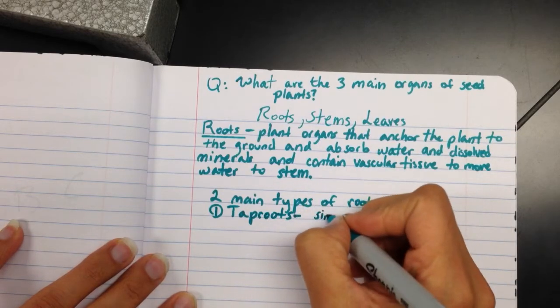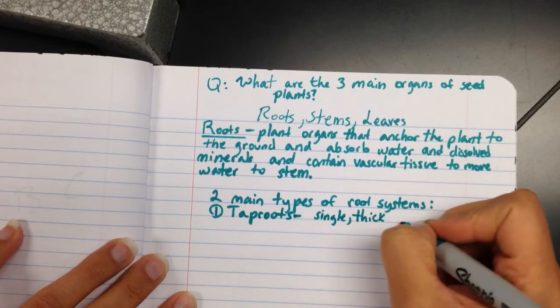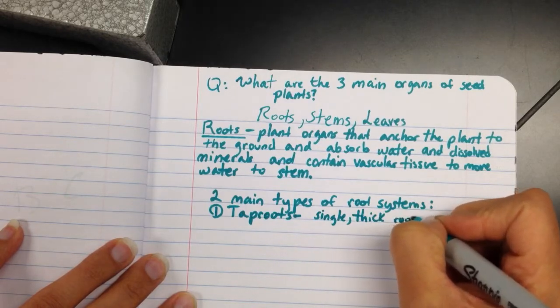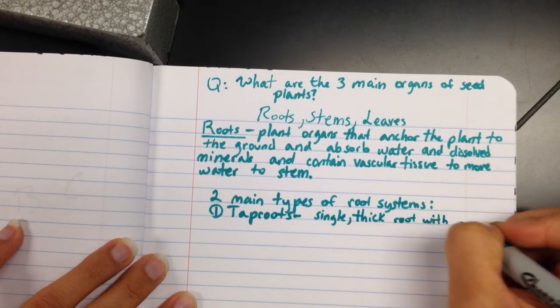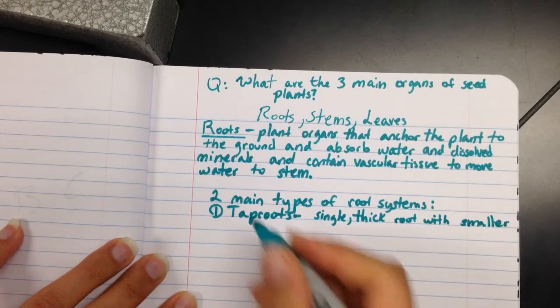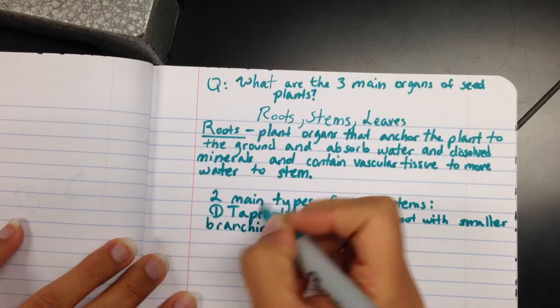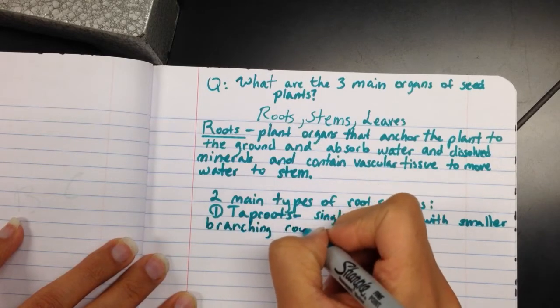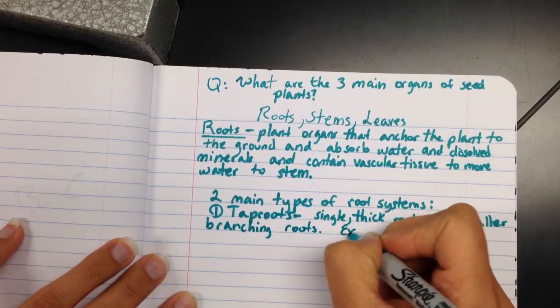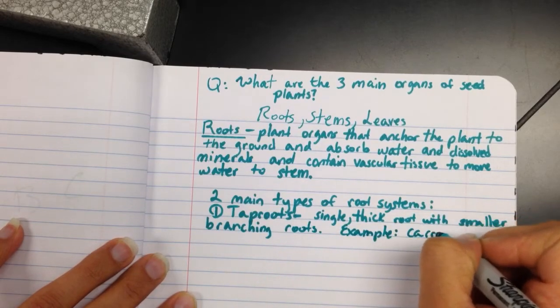They are a single, thick root with smaller branching roots. Again, a good example is carrots.